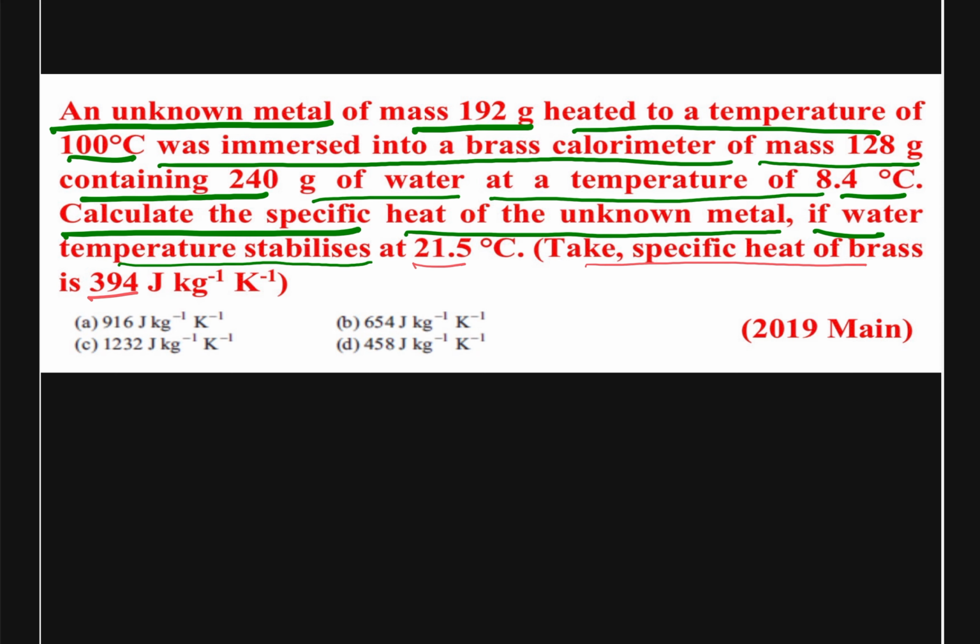So in this case, once again we can say that heat lost by metal will be equal to heat gained by the water and the calorimeter.